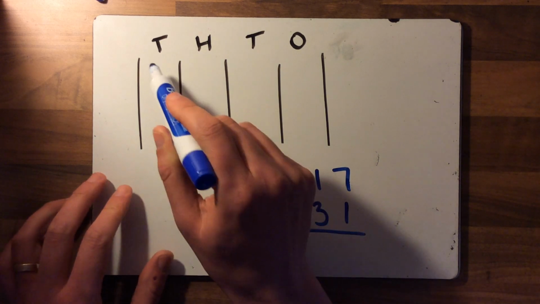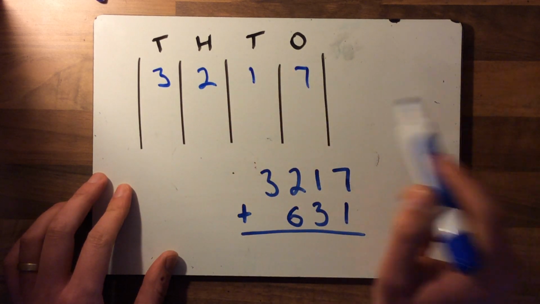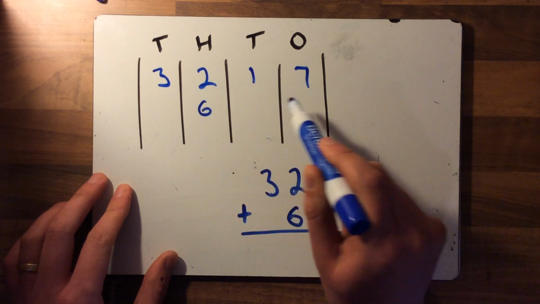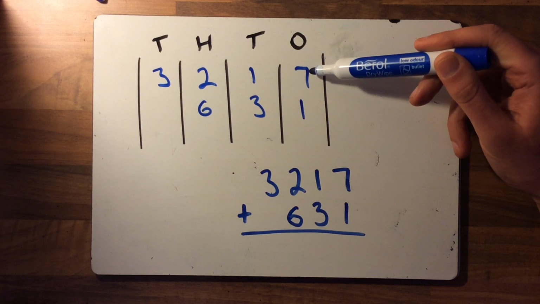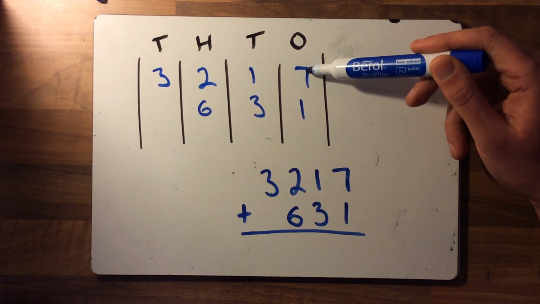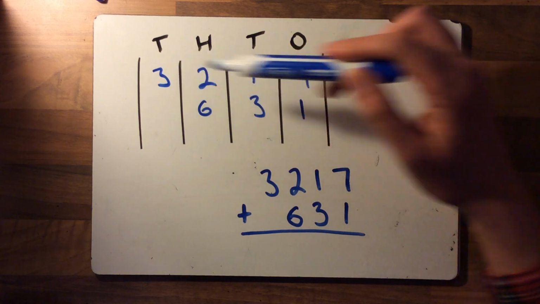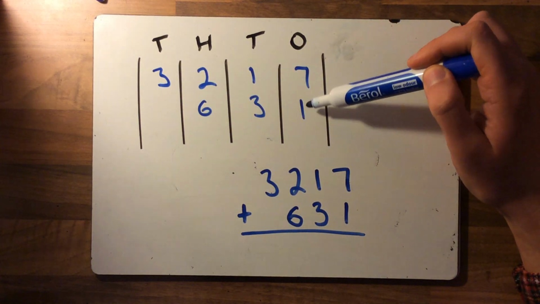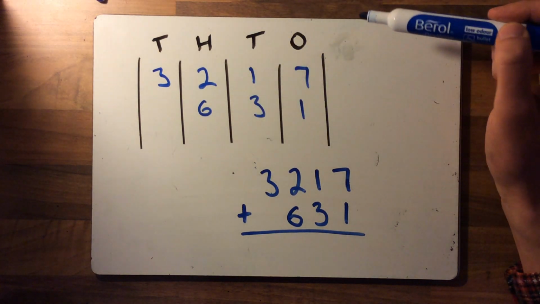The reason why this number, 631, there is nothing in this thousands column. And if I was to put this into this place value chart here, and put this underneath, that's why, because in this first number here, there are 7 ones, aren't there? There's 1 ten, there are 2 hundreds, and there are 3 thousands. This number underneath, there's 1 in the ones column, there are 3 tens, and there are 6 hundreds.